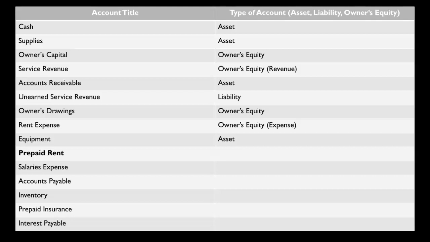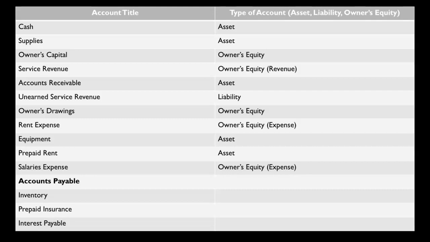We're going to see another example here in a few more accounts of prepaid insurance. Those are going to be assets because we have this rent already paid for. Now, salaries expense. Salaries expense is once again another one of those expenses that falls under owner's equity.